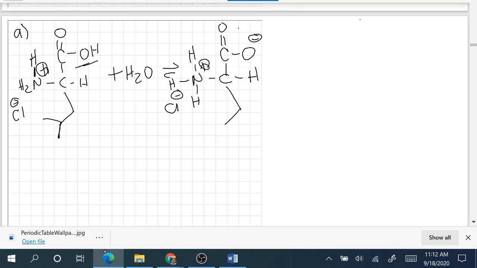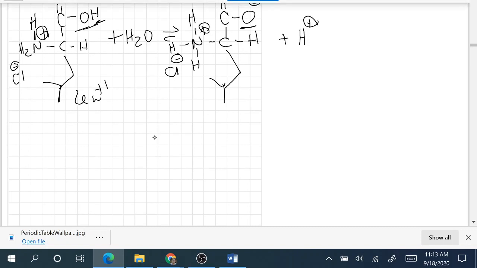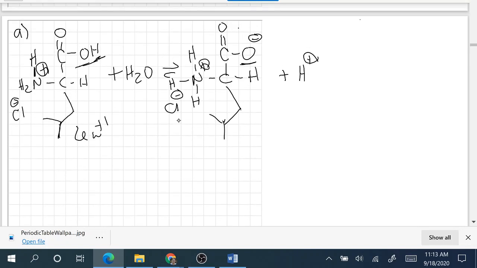So the major reaction we have here is just the deprotonation of the carboxylic acid group, where the proton is going to be donated to water and give us H plus or H3O plus. So we can make an ice table for this reaction. In fact, I might just abbreviate this. Let's call this LEU plus 1, and let's call the one on the right LEU0.